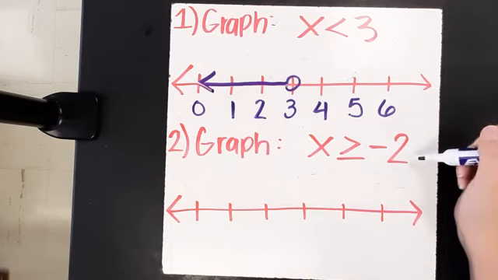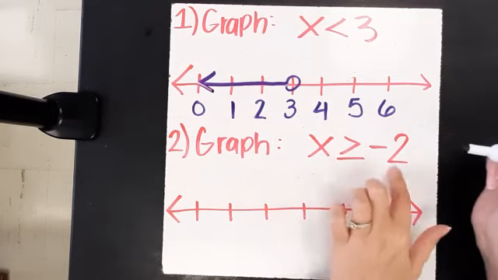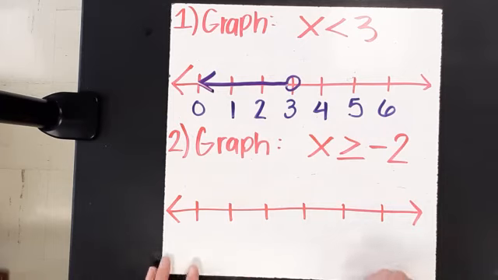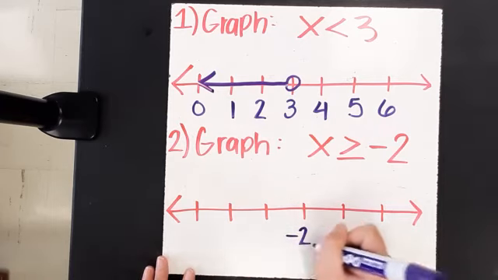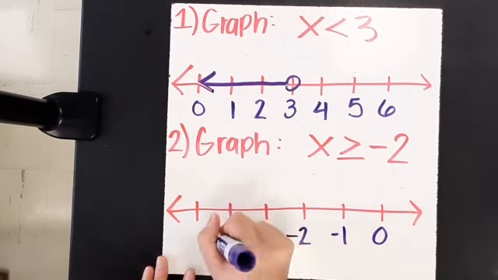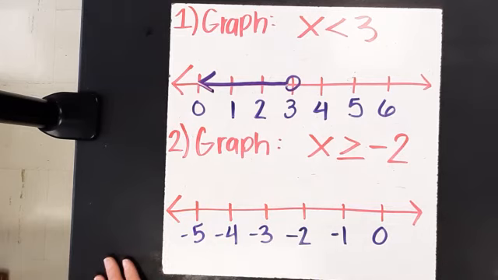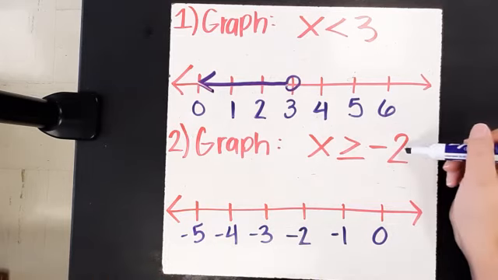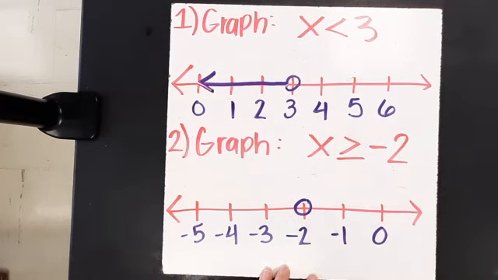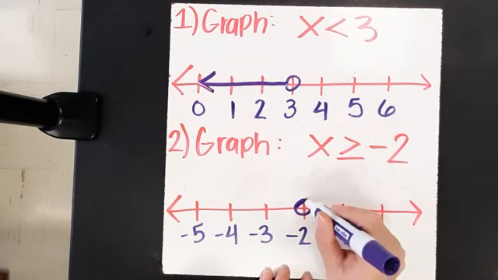On this second one, we're graphing the inequality x is greater than or equal to negative 2. Again, I need to get some numbers on my number line. So I'm going to have negative 2, negative 1, 0, and then in this direction, negative 3, negative 4, negative 5. Since we have greater than or equal to negative 2, my circle goes at negative 2, and since this has that or equal to sign, I need to fill in my dot.